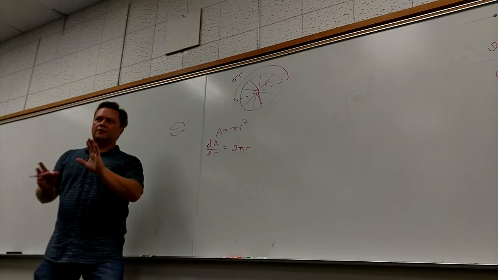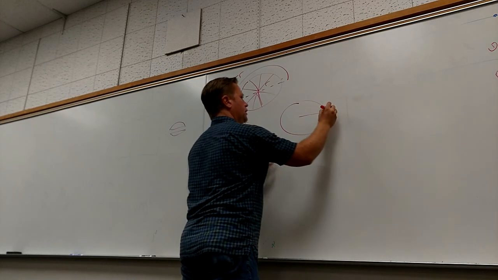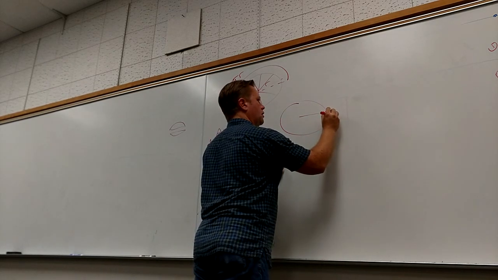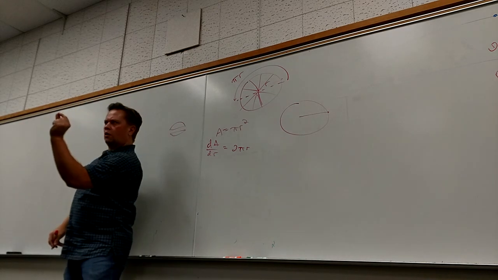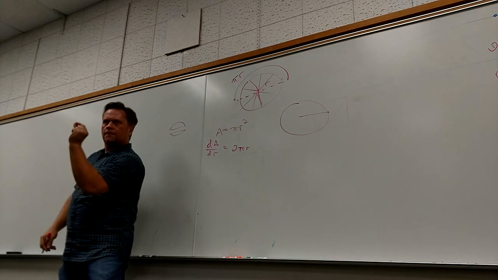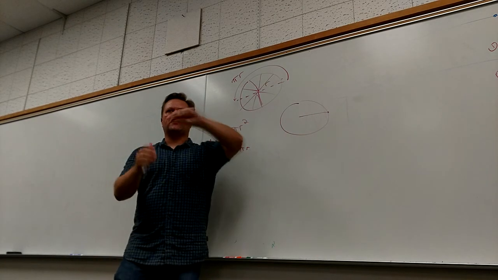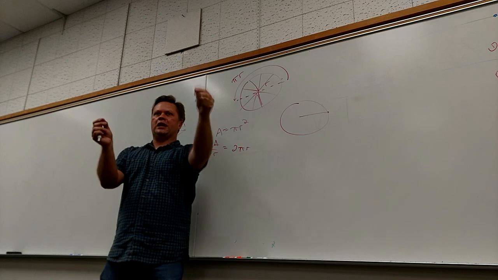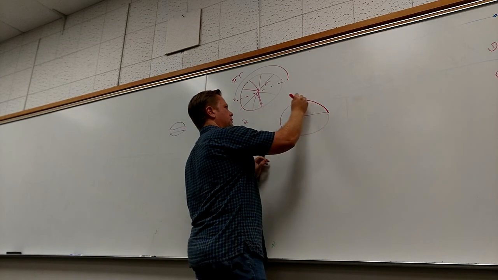And if you think about it, what does this mean? What happens to the area of a circle if the radius gets dr bigger? dr is an infinitesimally small change. So what I love to think about is, how does the area of the circle change if I put one layer of tape around it?